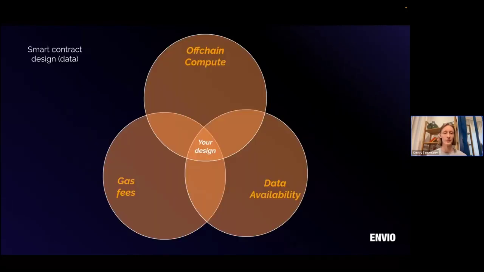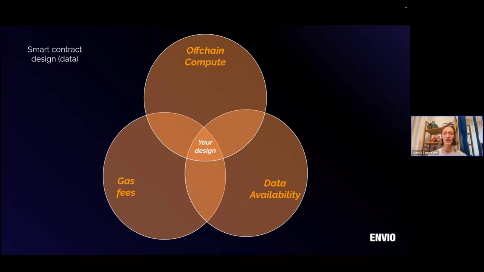There are quite many things to consider. And when we design a smart contract, we really need to sit on three chairs, I would say: off-chain compute, gas fees, and data availability, and put the design somewhere in the middle of it to have a really good smart contract and a product built around it.